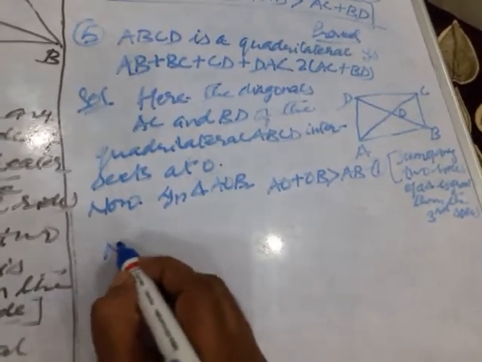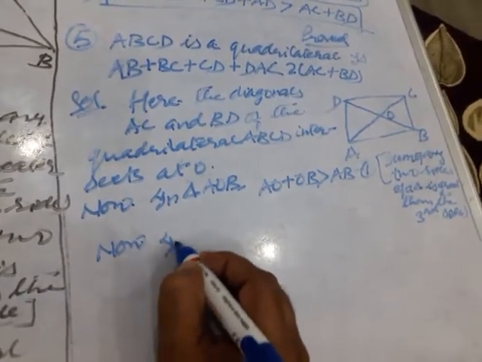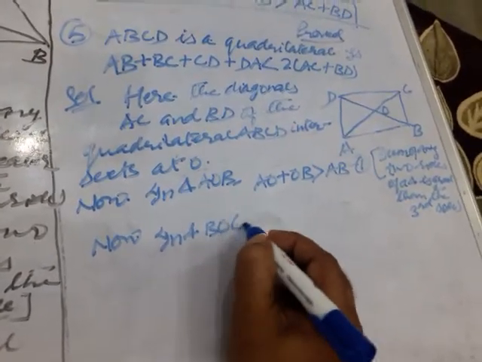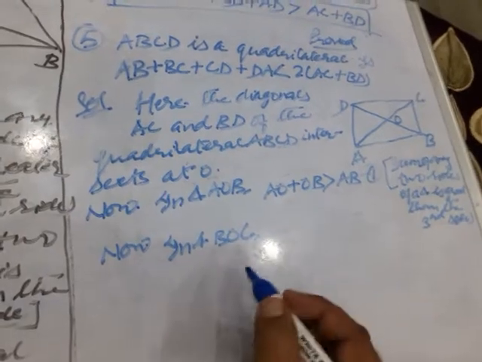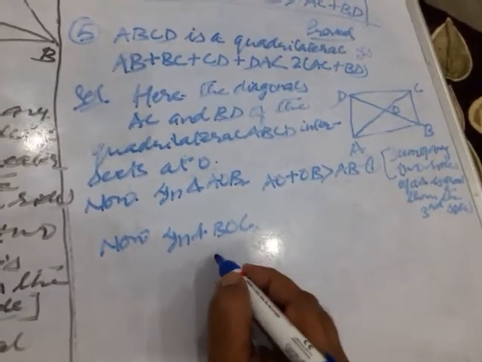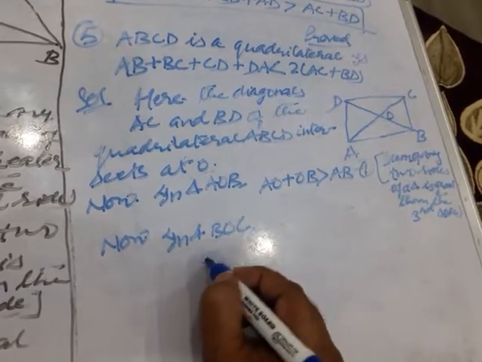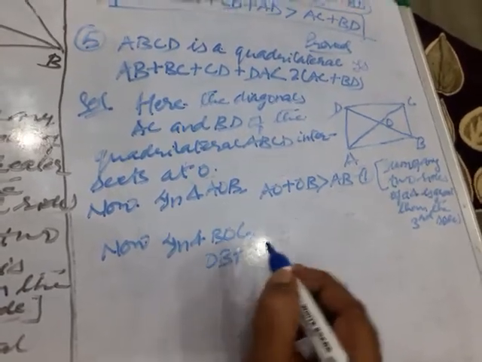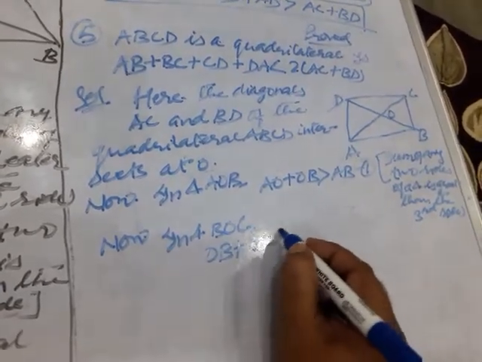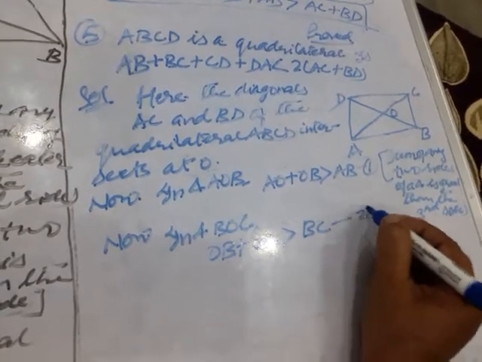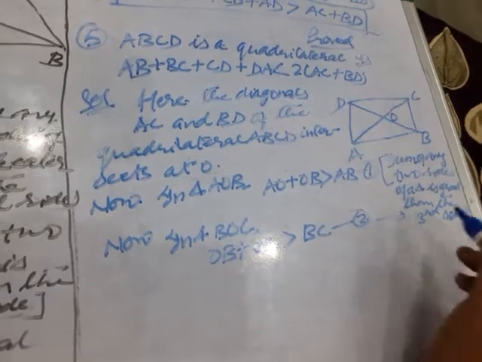Clear? Now in triangle BOC, the same property: OB plus OC is greater than BC, that is equation number 2. Same property children. Clear?